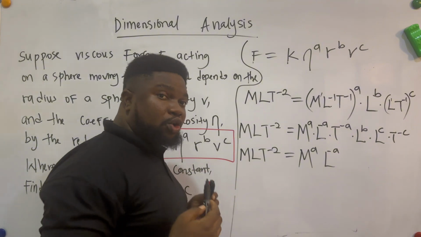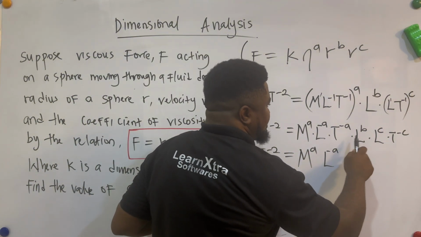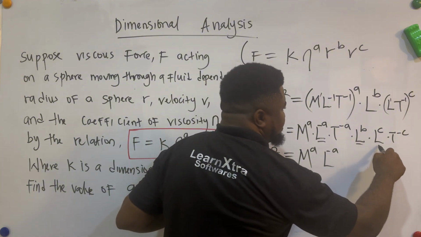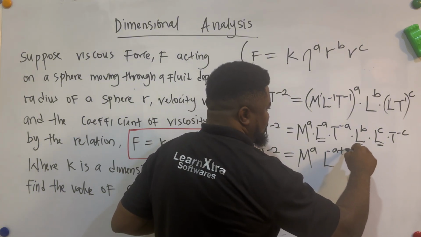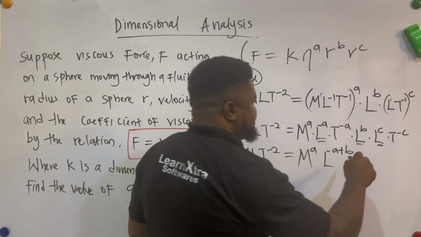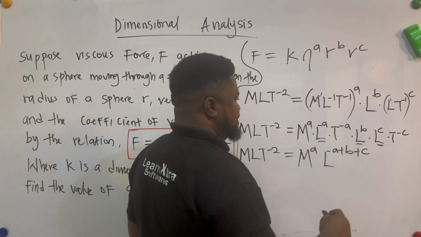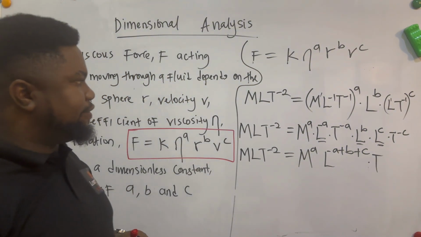How do we join? We add the powers. That will be minus A, this L, this L, this L. Minus A plus B plus C. Yes. Then T, for T, what do we have?